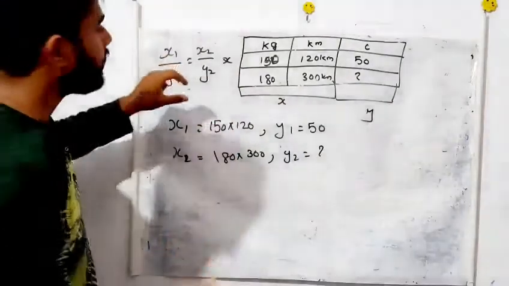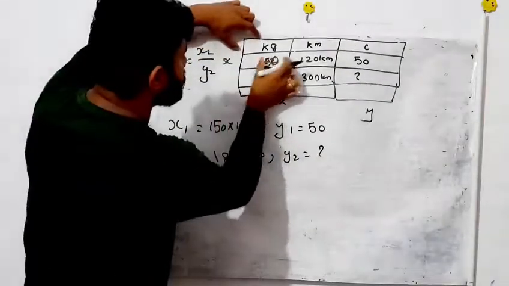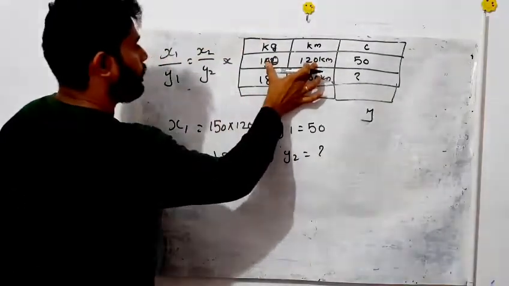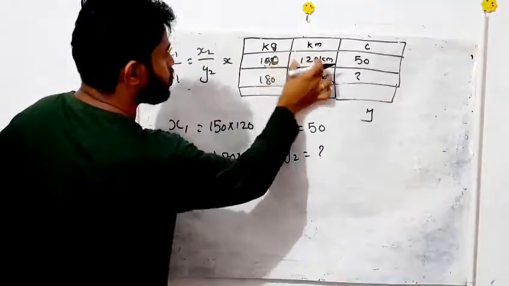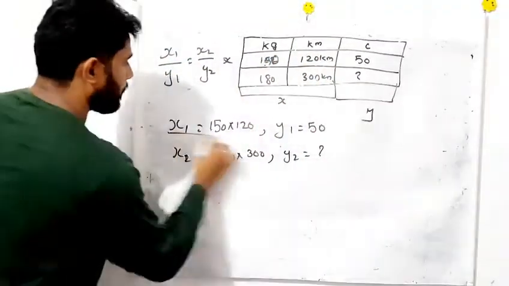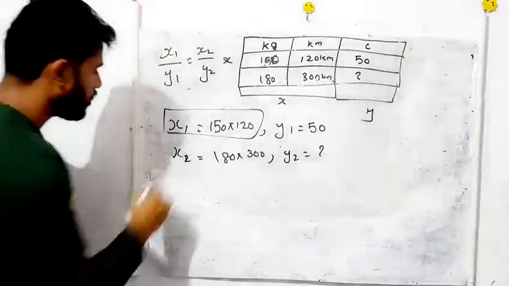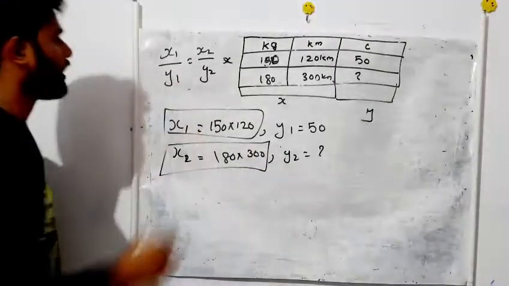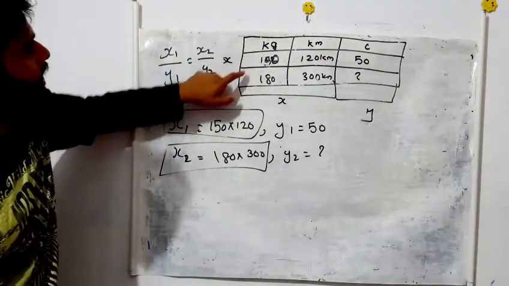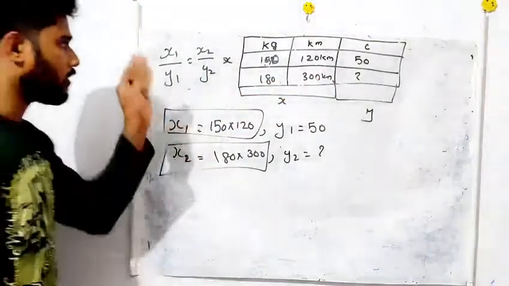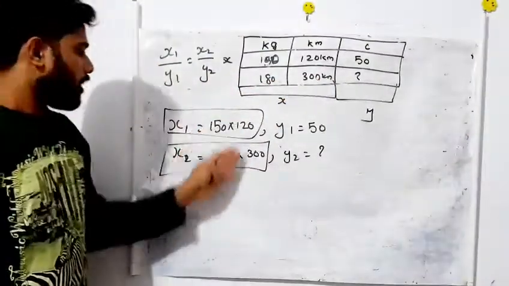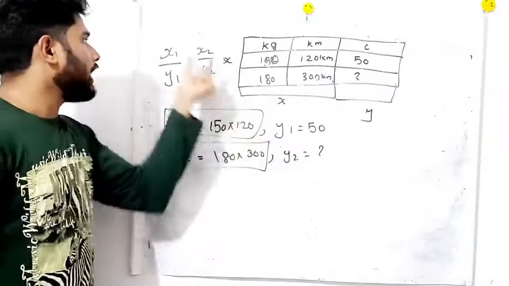Understood? What we did: we took these two quantities in the place of x1, and the next two quantities in the place of x2. This is an important thing. Then we can find this answer.